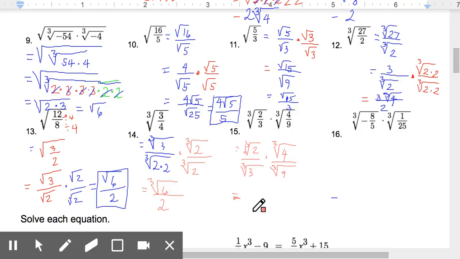Now this is equal to the cube root of 2 times 4 is 8 over, at the bottom, the cube root of 3 times 9 is 27. Okay, and therefore we'll have the cube root of 8 is 2 over the cube root of 27 is 3.